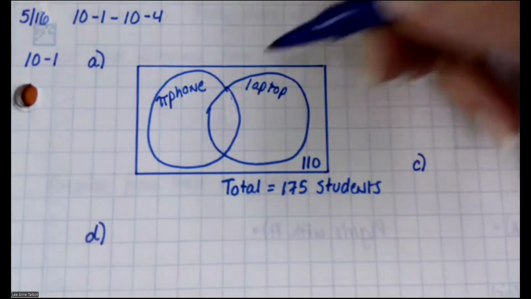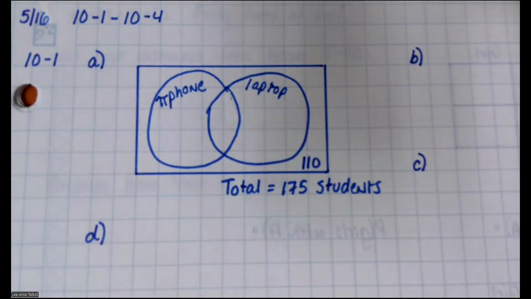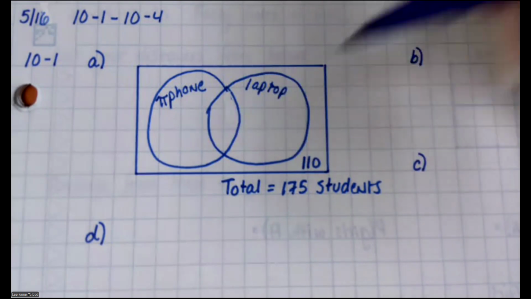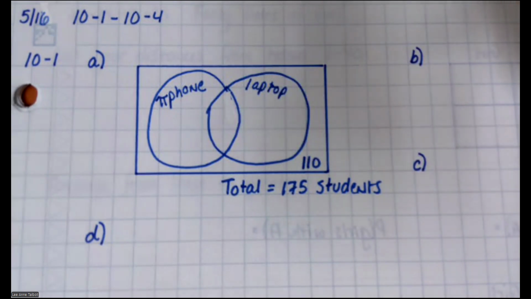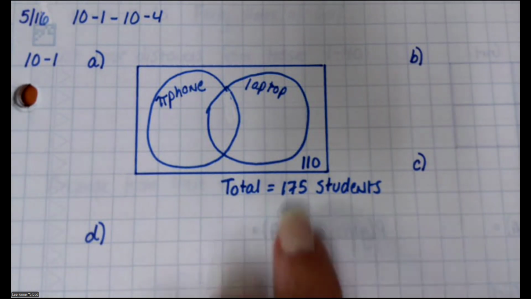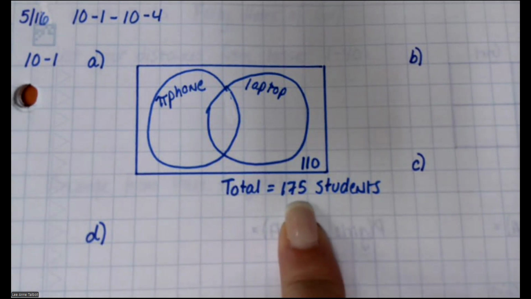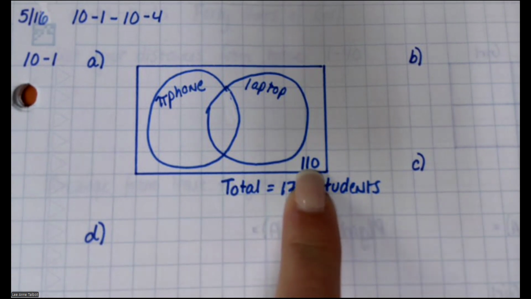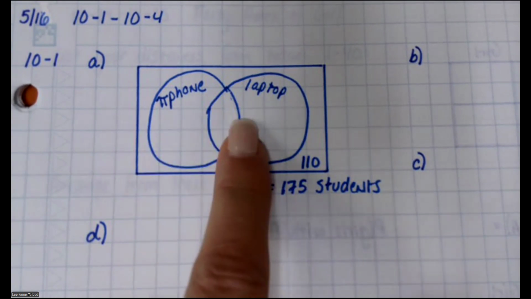This outside part represents how many don't have either. Poor sad students. No Pi phone, no laptop. So sad. Okay, so here's my next question. If there's a total of 175 students and 110 have neither, what should these three regions add up to?